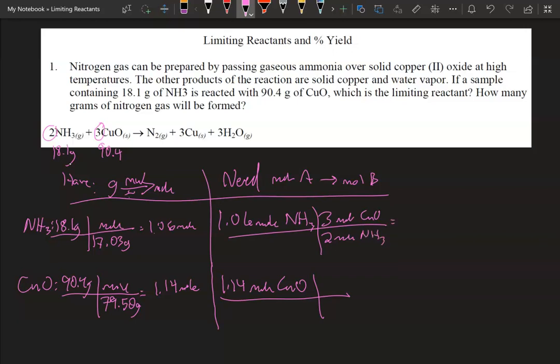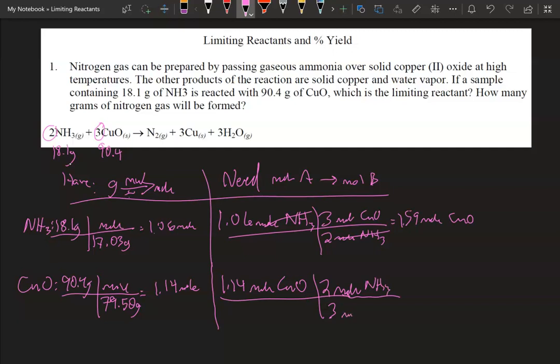So take the 1.06, times it by 3 and divide by 2, and that gives you 1.59 moles of CuO. Now notice the NH3 goes away here. All we're going to do is flip the ratio, so it's 2 to 3 now, because we're comparing the same thing.